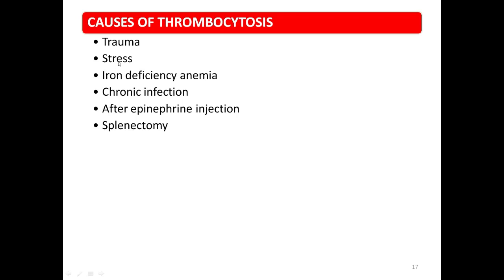Then in case of stress, then in case of iron deficiency anemia, also the same, because as you all know, in anemia the number of cells decreases, right? So in the bone marrow, as a compensation, the production of cells will increase. In case of chronic infections, after epinephrine injections, and also in splenectomy, these are the causes where the platelet count increases.